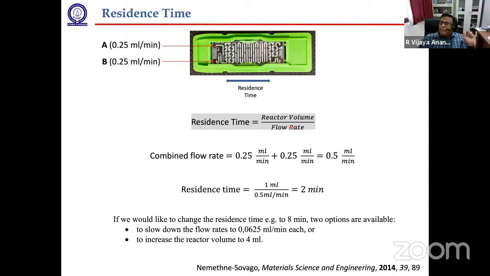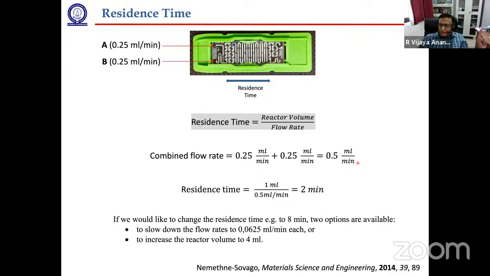You can see here, suppose you consider an example. You have A and B. These two are reactants, and this gives rise to a product C. Now if you consider the flow rate of A is 0.25 ml per minute, and B is also 0.25 ml per minute, the combined flow rate would be 0.5 ml per minute.